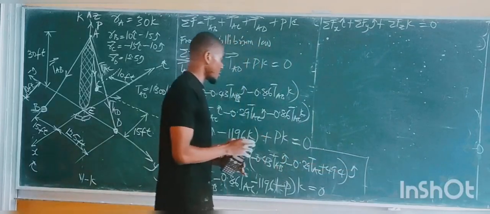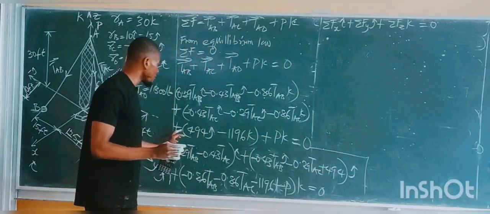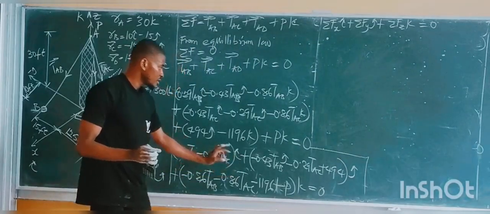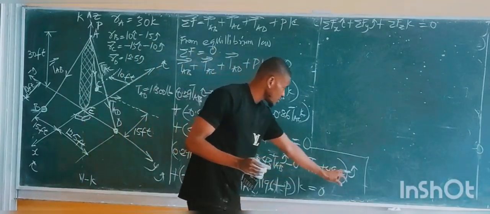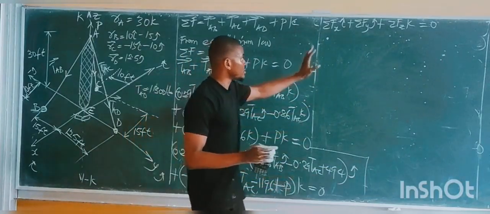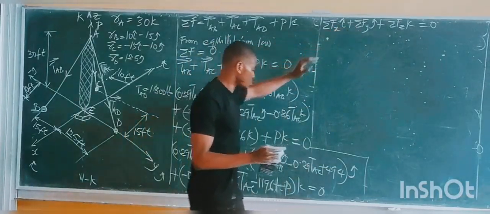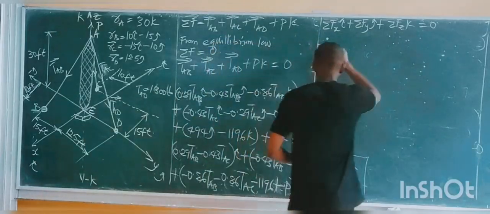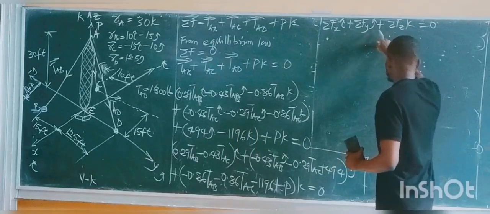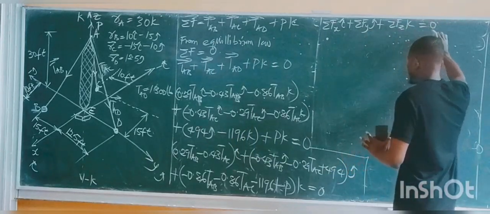We sum all the force in the i direction, all the force in the j direction, and all the force in the k direction, and equate to 0. This is the equilibrium equation.